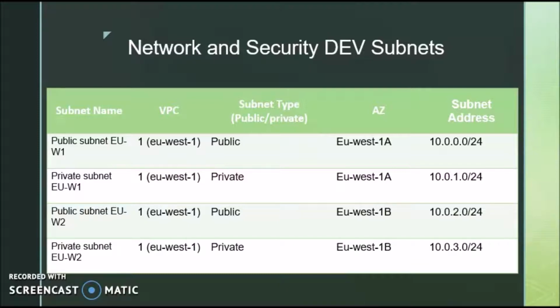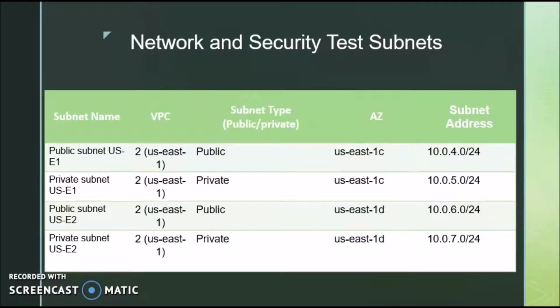Private subnet EU W2 is similar, but it's private and the address is 10.0.30.0/24. These subnets are for network and security testing, and this is very important when dealing with IT resources. Public subnet US EU1 is in the availability zone of US East 1C and has a subnet address of 10.0.40.0/24.